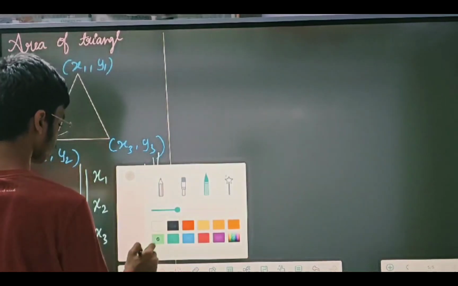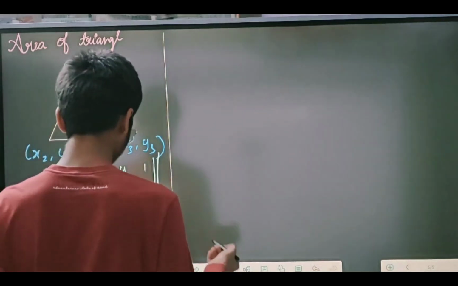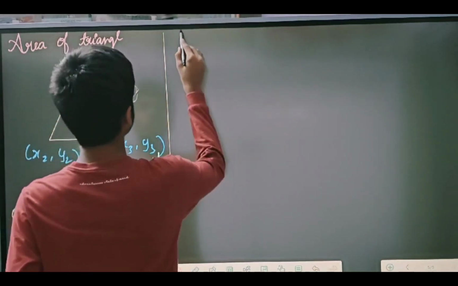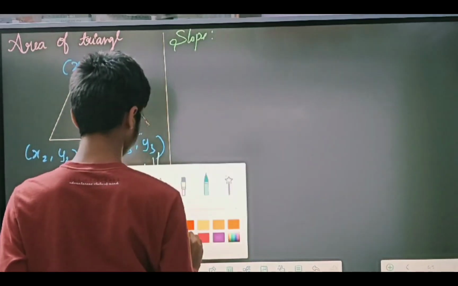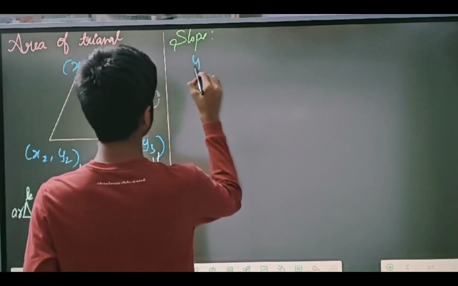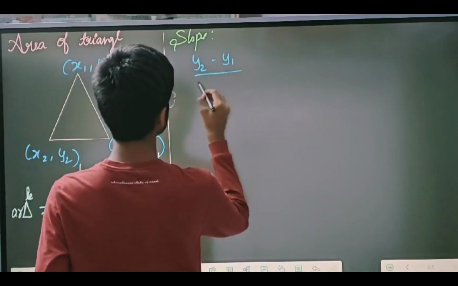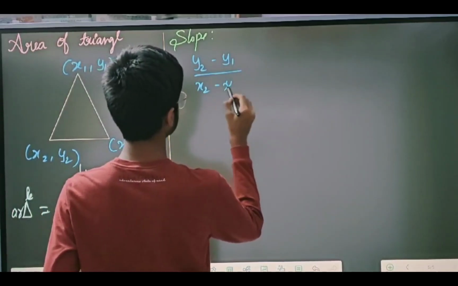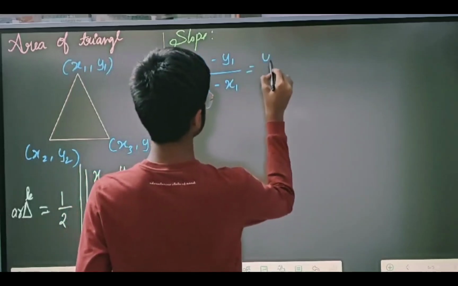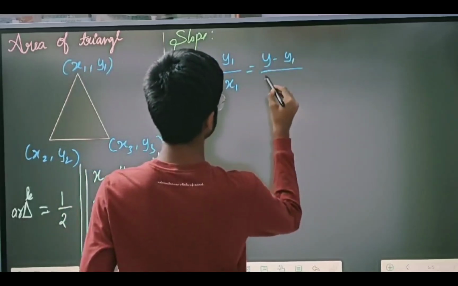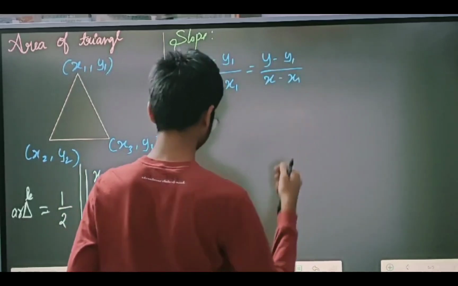So if you don't know, you can just know it. It's the slope formula: y2 minus y1 by x2 minus x1 is equal to y minus y1 by x minus x1.